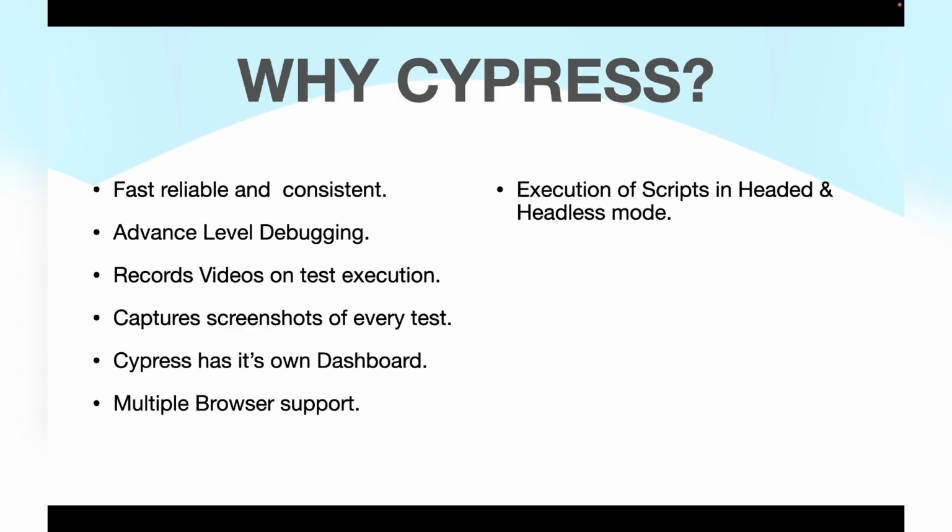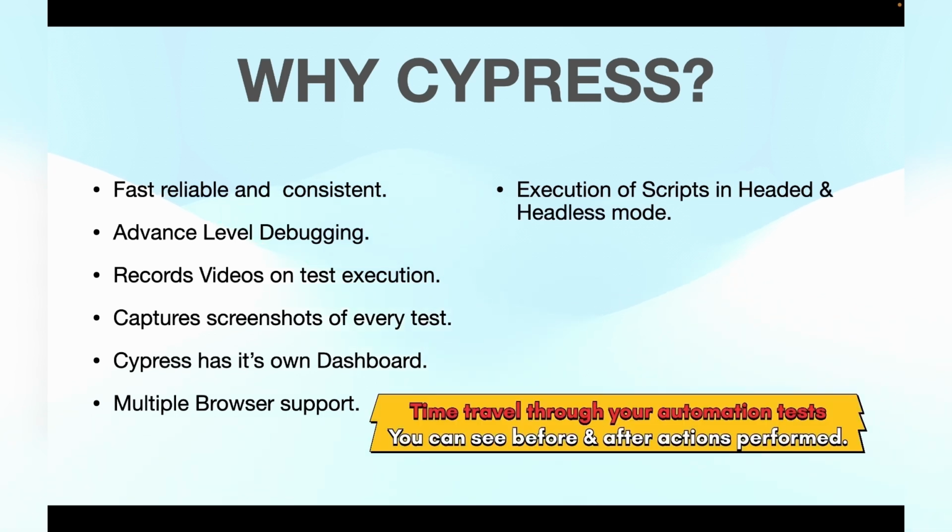So why Cypress? Compared to all other automation testing tools, we have these many advantages using Cypress. Cypress is fast, consistent, and reliable. When it comes to debugging, it has advanced level debugging. You can time travel, you can see before action and after action.